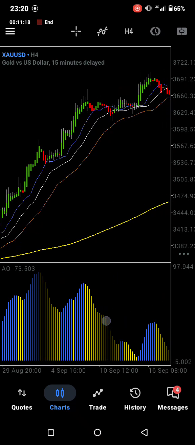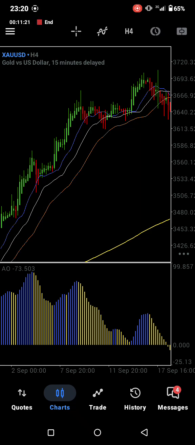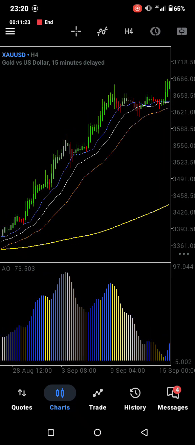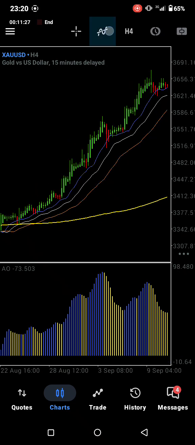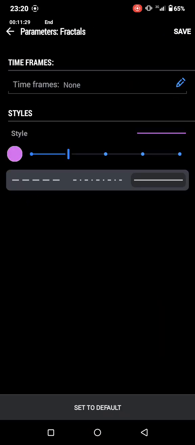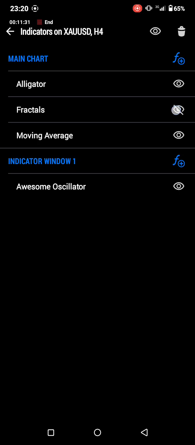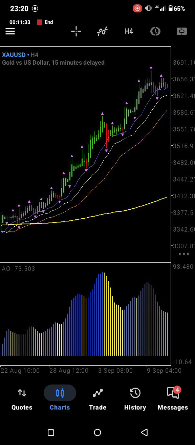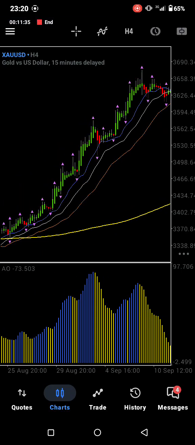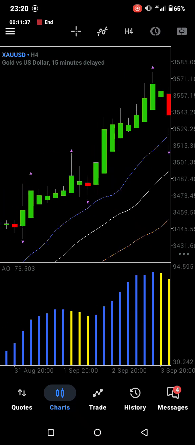That's something very important to know and understand in the market before making decisions. And the indicator I use for this is the fractal indicator, which looks for highs and lows in the market, right? So basically, these dots are your highs and lows.